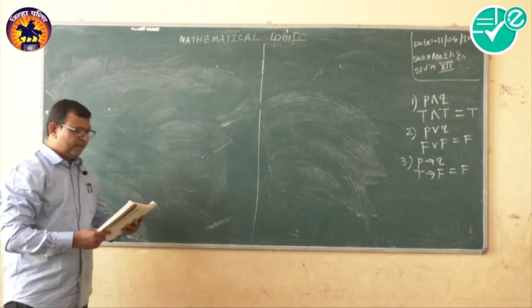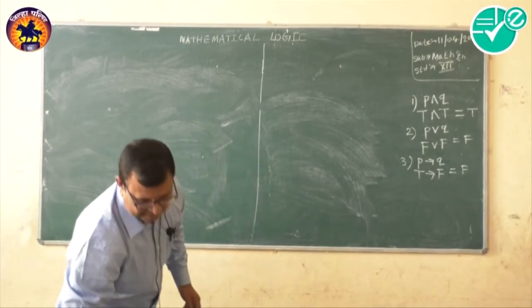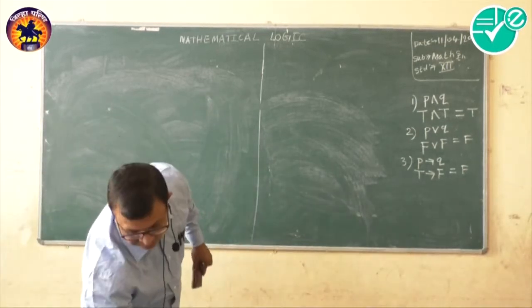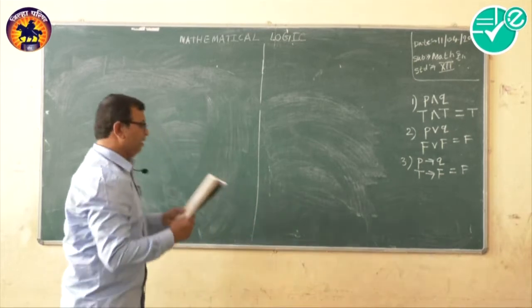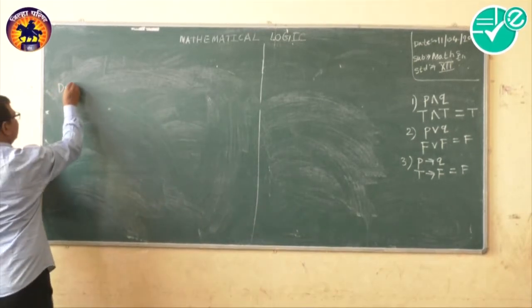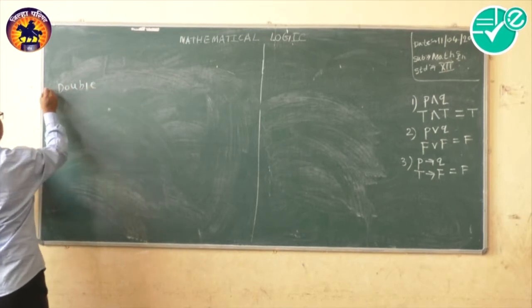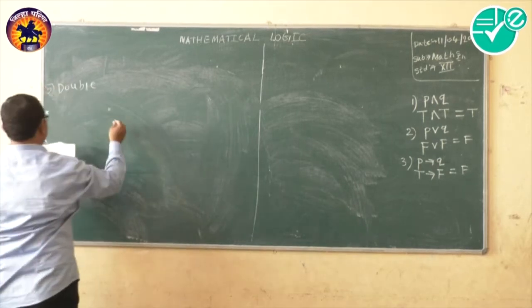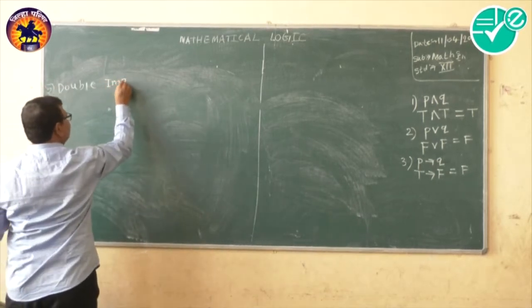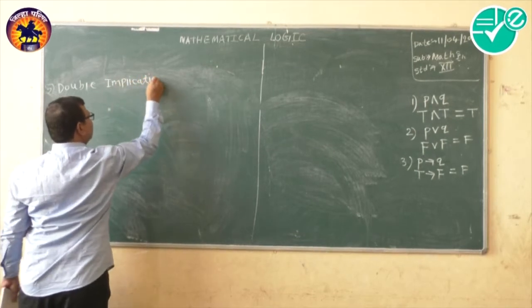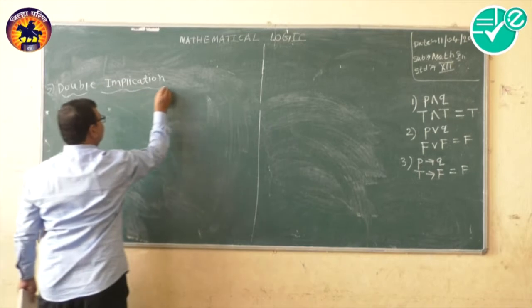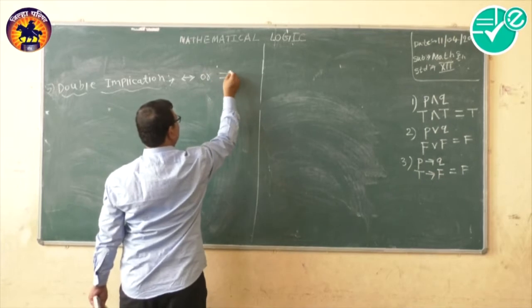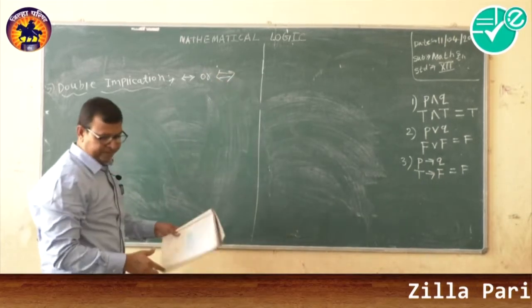After this, we will see the next one, that is double implication, the fifth one. The sign is this or this one.